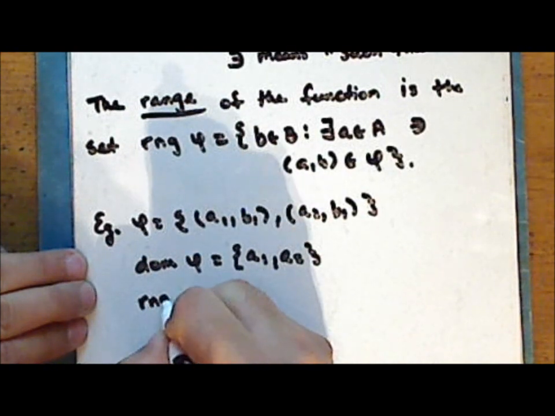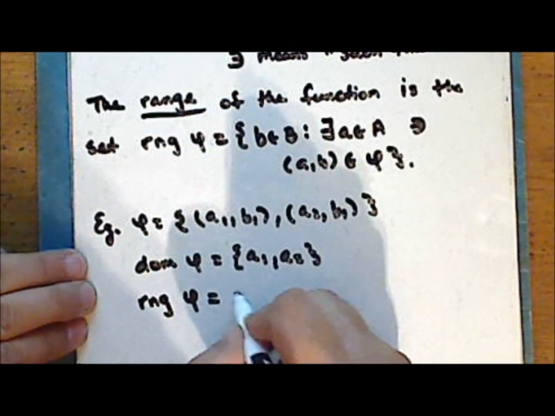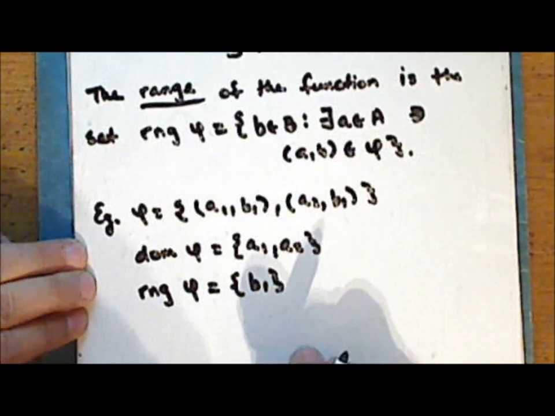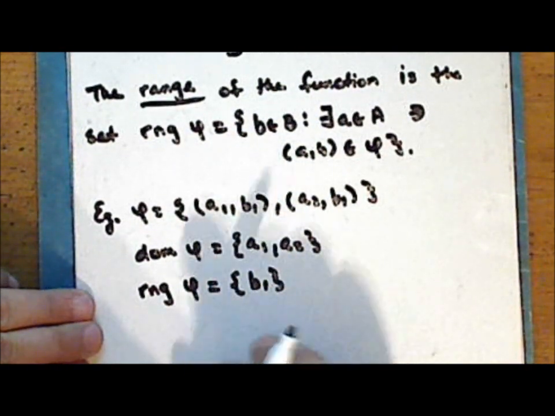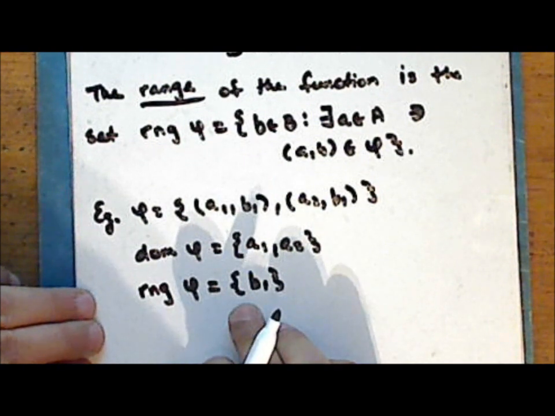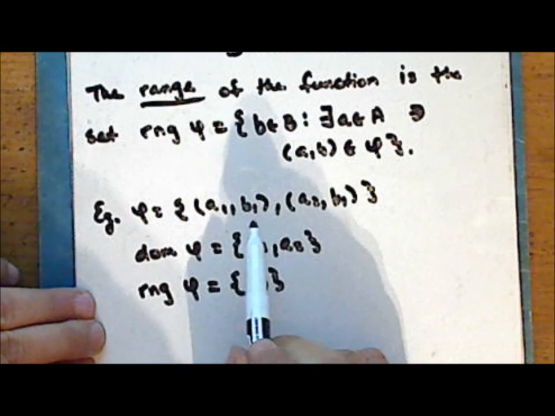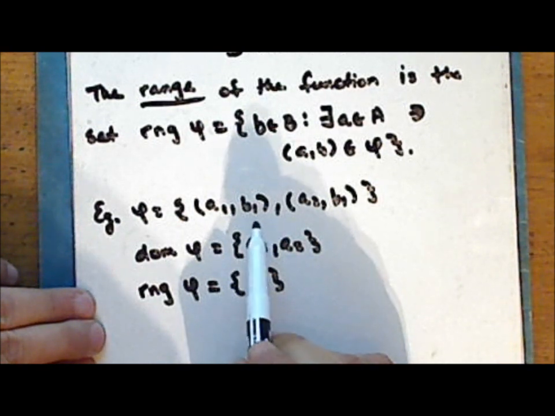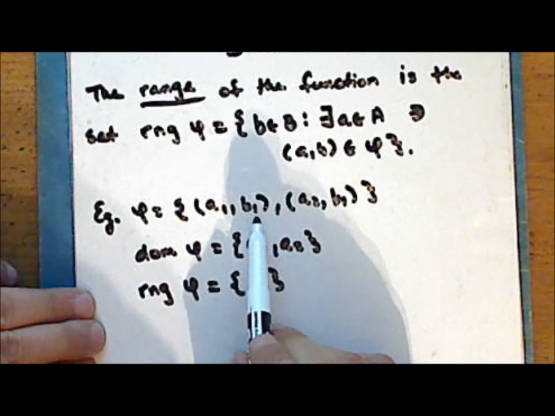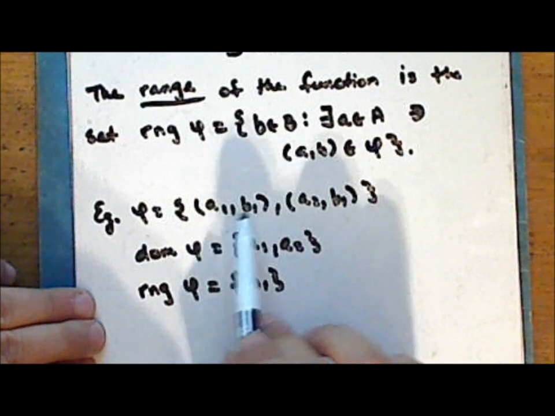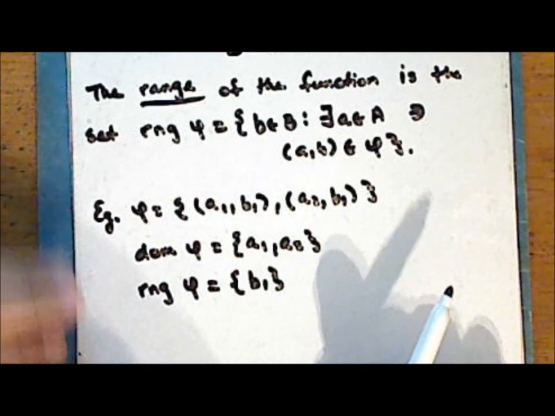And the range of this function is the singleton set, singleton meaning a set which contains one element, and so the range of this function is the singleton set containing the element b sub 1, because this is the set of those elements in the second set such that there exists an element in the first set such that the ordered pair is in the function.